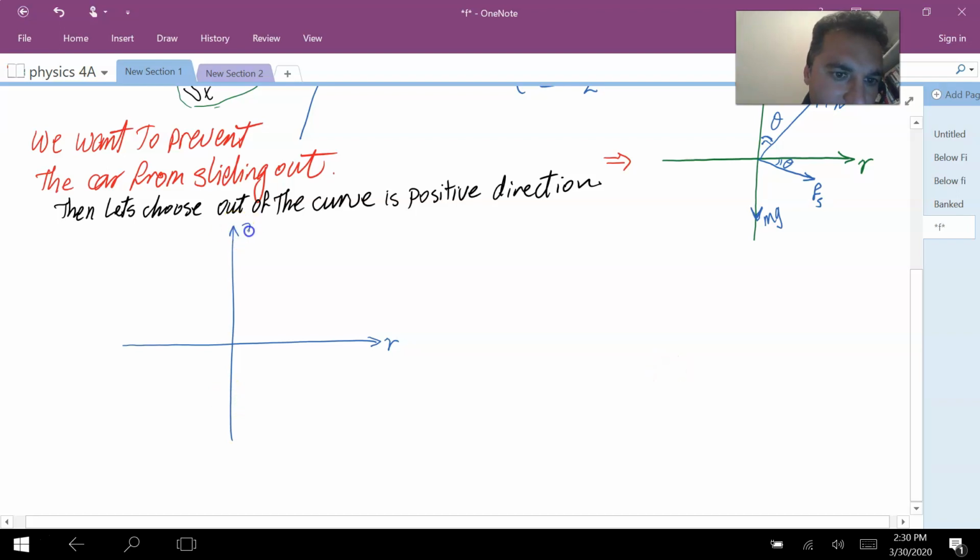This is z-axis. Okay. This one is Fn. Pay attention. Then what I have, this is Fs. Here I have Mg. Pay attention.